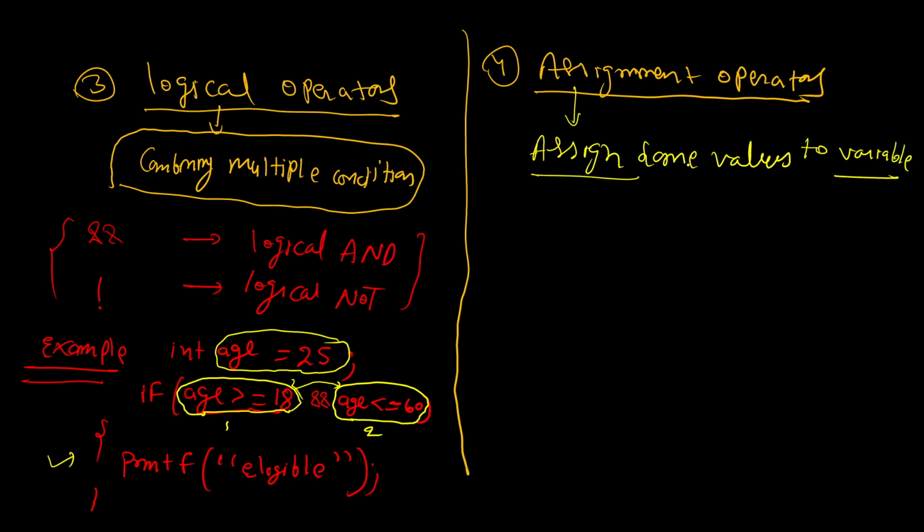With the help of assignment operators, you can assign values to the variable. We have different kinds of assignment operators. This one is for assigning, and this is equal to addition, plus assign, add and assign.